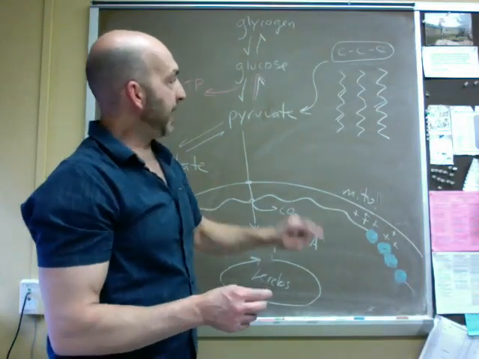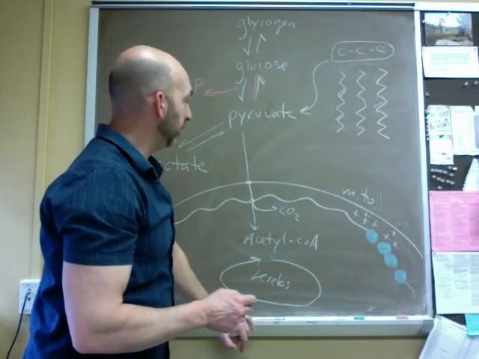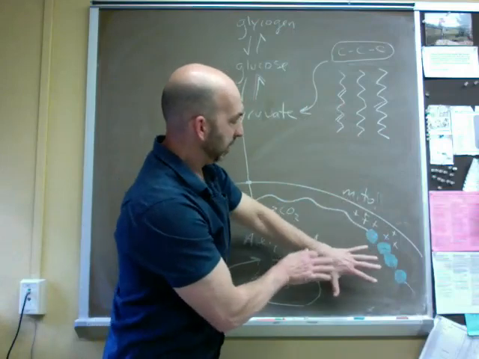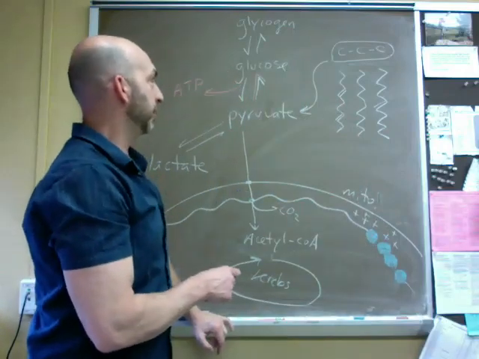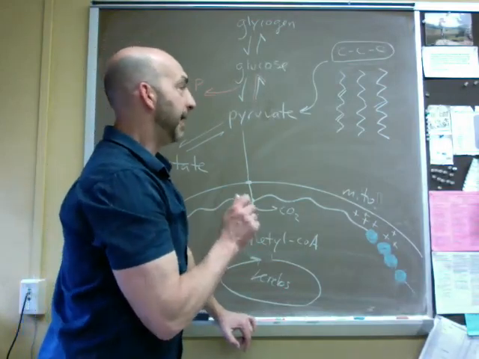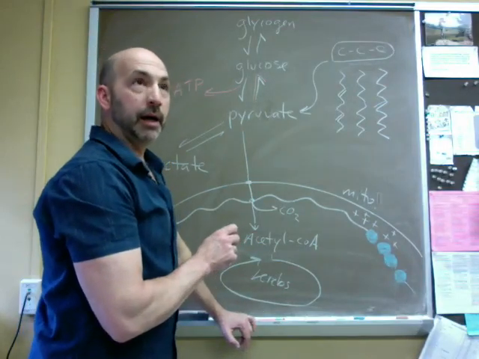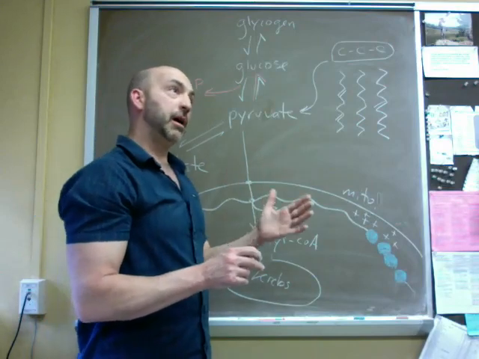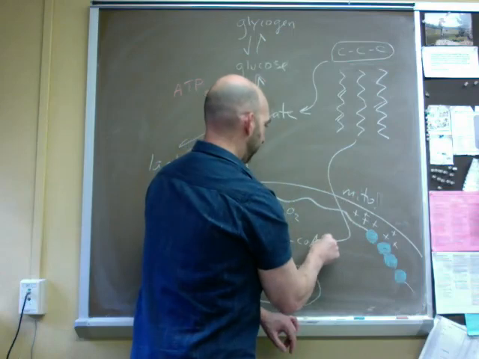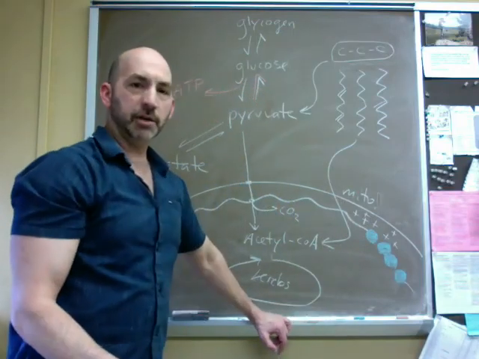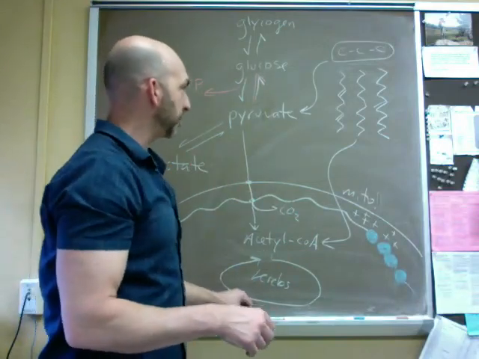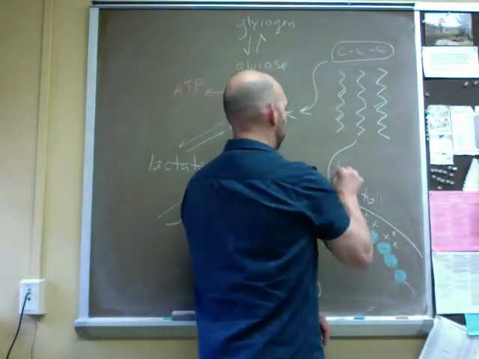The fatty acids are cleaved, and by the way, this happens down here in the matrix of the mitochondria, but I don't have room for it. But these fatty acids are cleaved 2 carbons at a time to produce the acetyl groups, right? So I'm going to have this funnel into here, and that reaction is more complex than just chopping those 2 carbon groups off, but that's called beta oxidation.